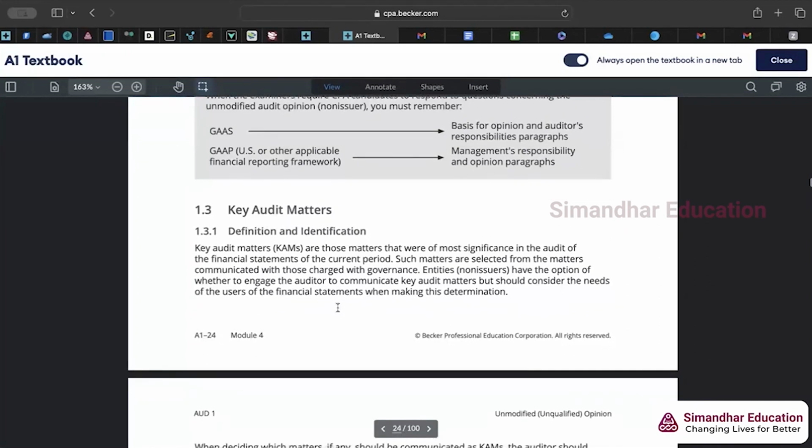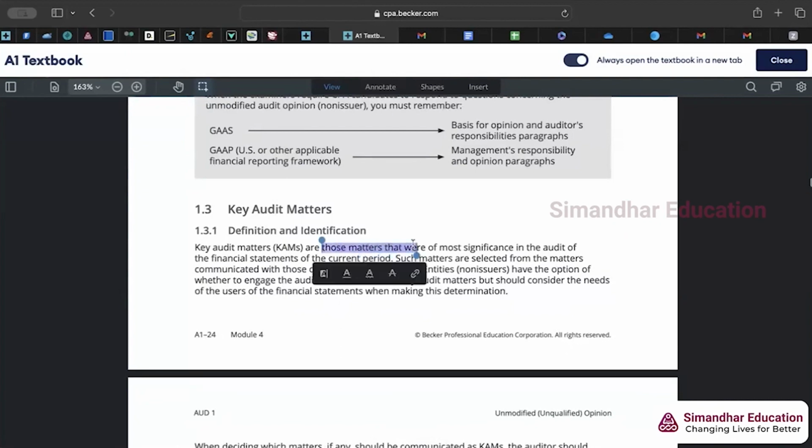Okay, let's talk about key audit matters. Now, what is a key audit matter? Whatever we discuss for key audit matters is the same for issuers, just called critical audit matters. We will use two different terminologies because they are two different reporting standard-setting authorities.